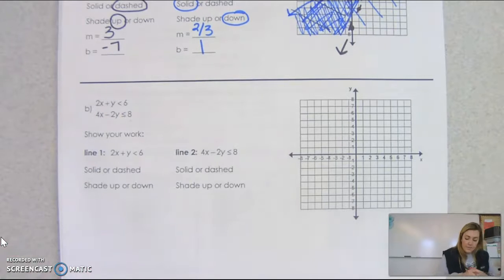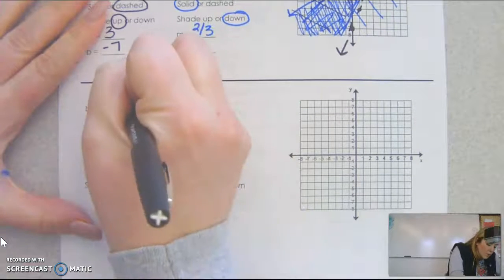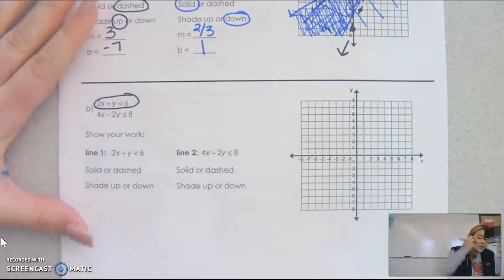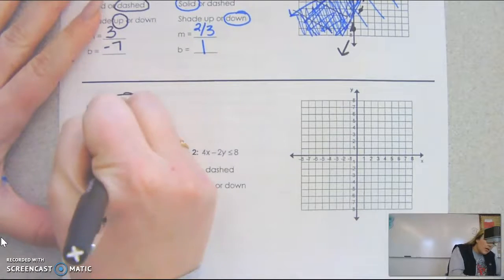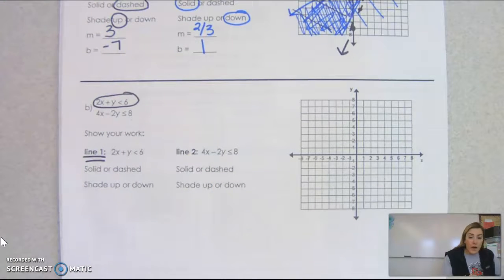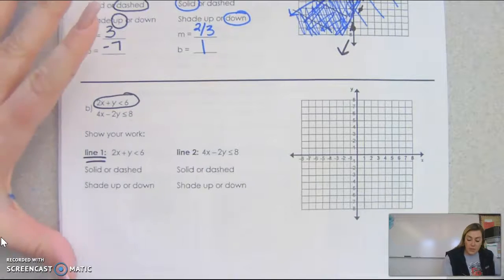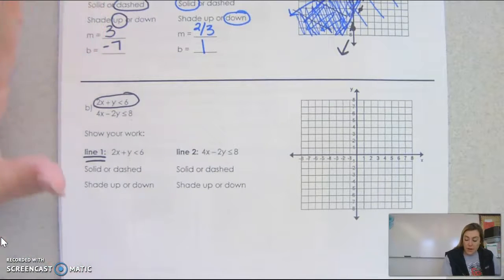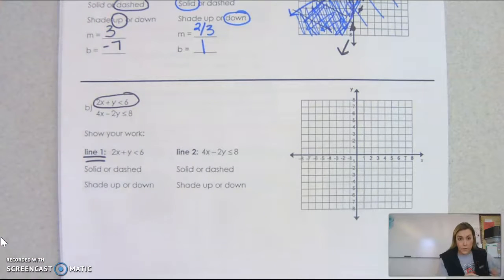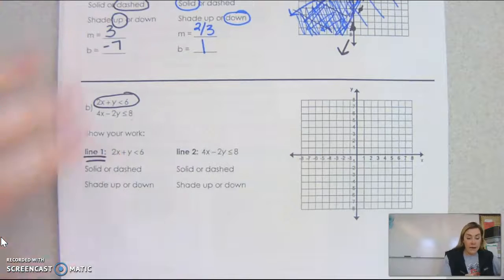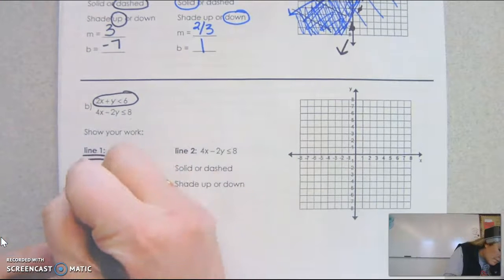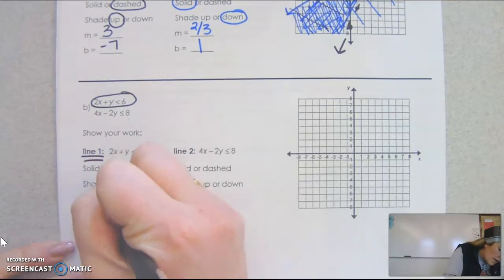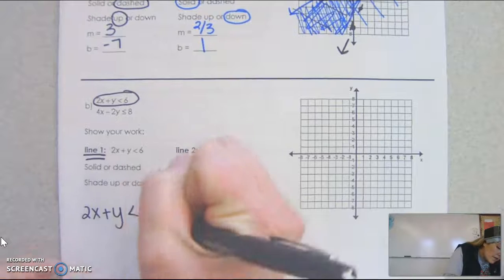So my first line is 2x plus y is greater than 6. The first thing I'm going to do is get my y by itself. So I have 2x plus y is greater than 6.